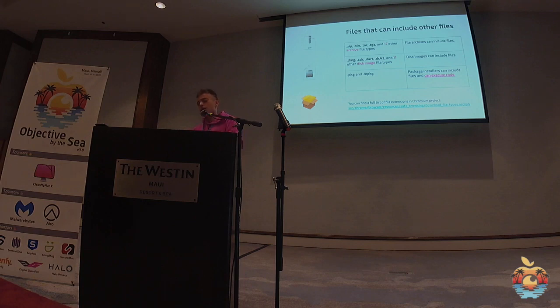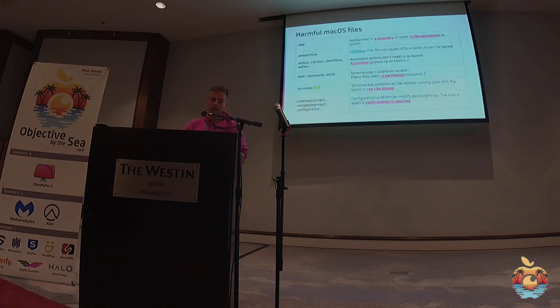Those files are disk images, file archives, and package installers. You can see a full list of possible extensions in the Launch Services framework or in the Chromium project. Anyway, their blacklist is good.